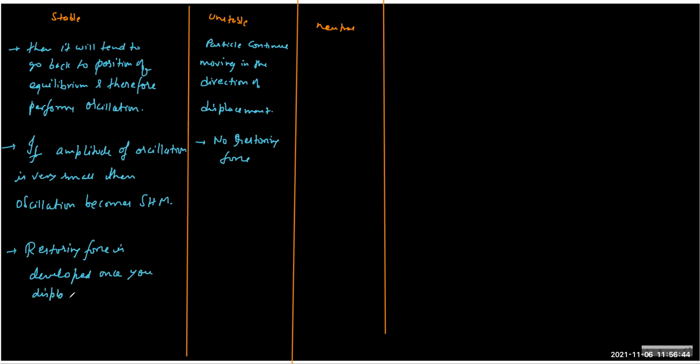Sir, I have one more. In the second unstable equilibrium, if we take the reference line where the ball is kept at the topmost point, then there the potential is lowest.